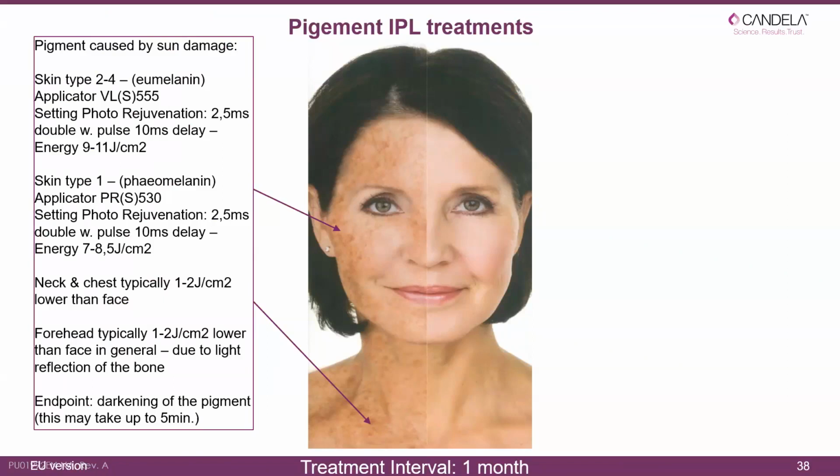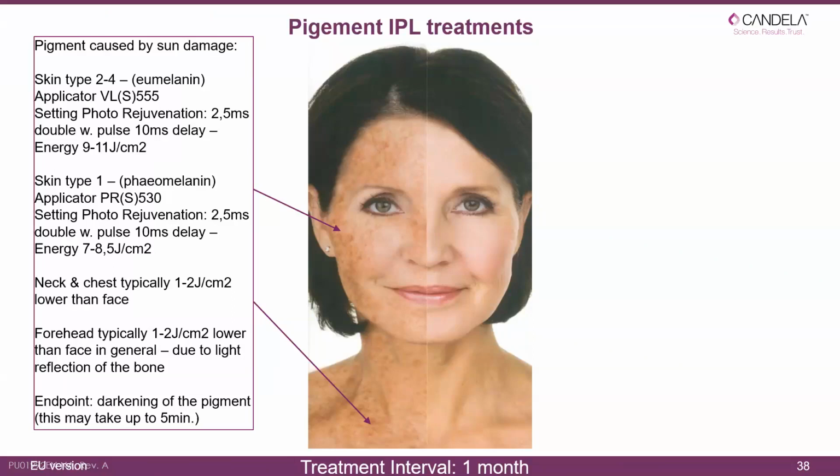So when we're treating pigmented lesions, we can fire, for instance, a 2.5 millisecond pulse. Then we have a delay of maybe 10 milliseconds, and then we fire a second 2.5 millisecond pulse. This also helps to heat up that pigmented lesion without heating up the surrounding tissue.